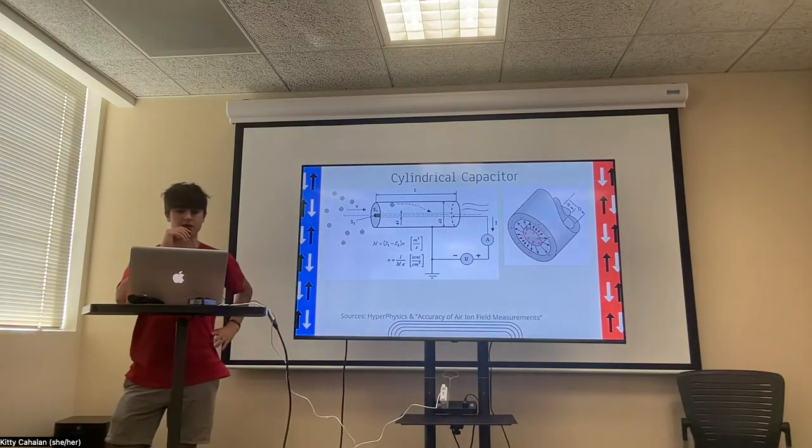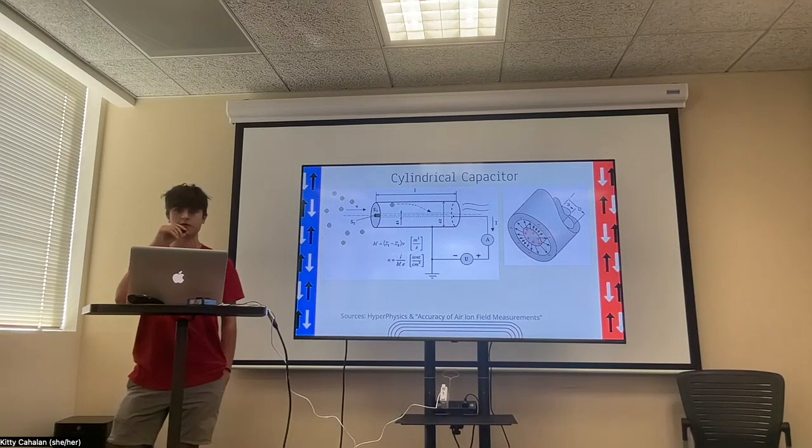The device at the heart of the Gaussian condenser is called a cylindrical capacitor. And we made ours with two thin copper sheets that were rolled into two different size tubes and placed into each other. They're placed concentrically, so they're not touching each other, and the smaller tube is inside of the bigger tube.